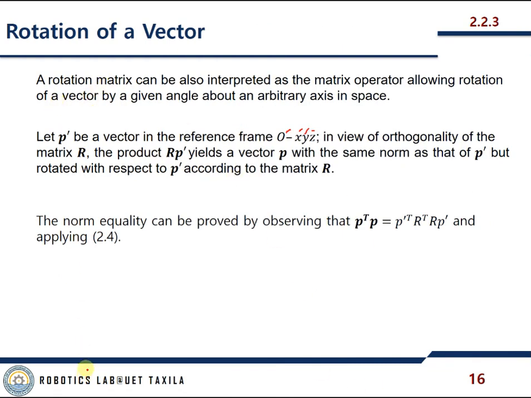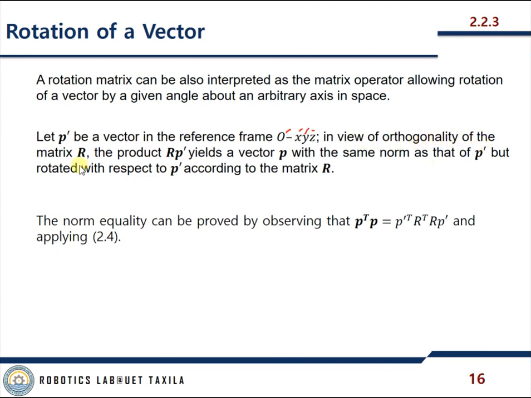Now here are some points. A rotation matrix can also be interpreted as the matrix operator allowing rotation of a vector by a given angle about an arbitrary axis in space. Let p bar be a vector in the reference frame O x bar y bar z bar.